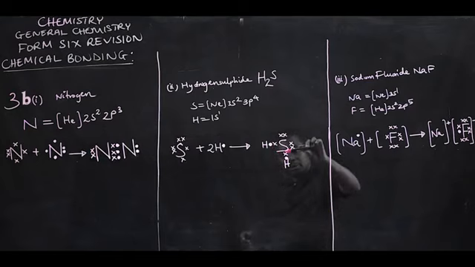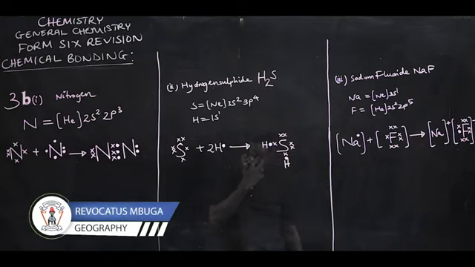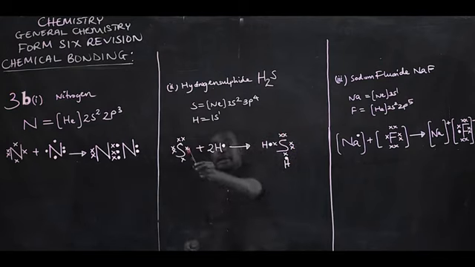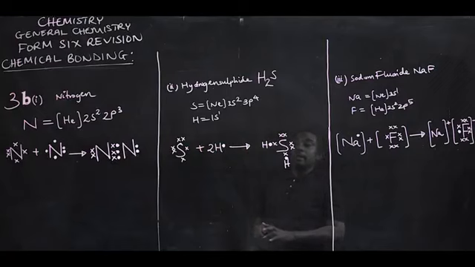The bond between sulfur and hydrogen is covalent, and the second bond is also covalent. So this is a Lewis structure of hydrogen sulfide, formed by sharing of unpaired electrons.